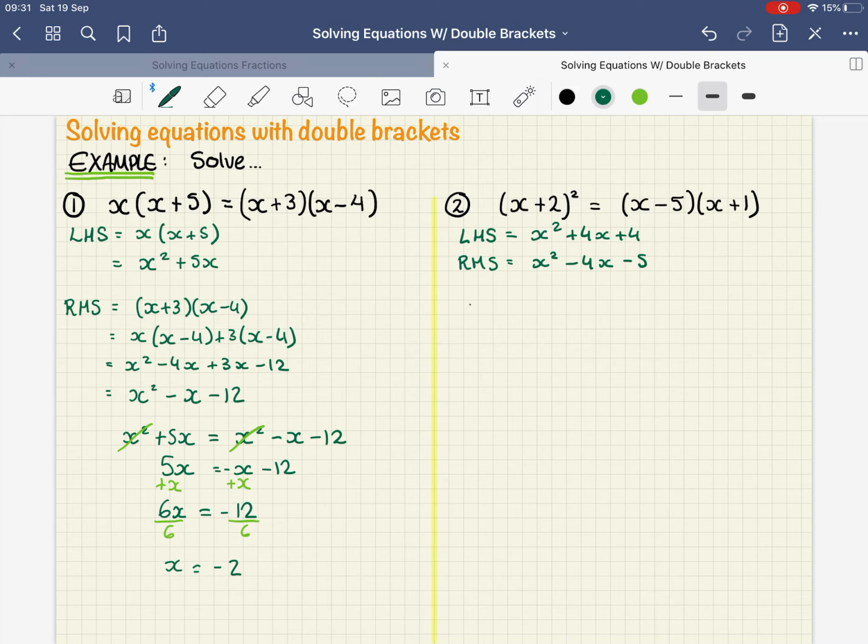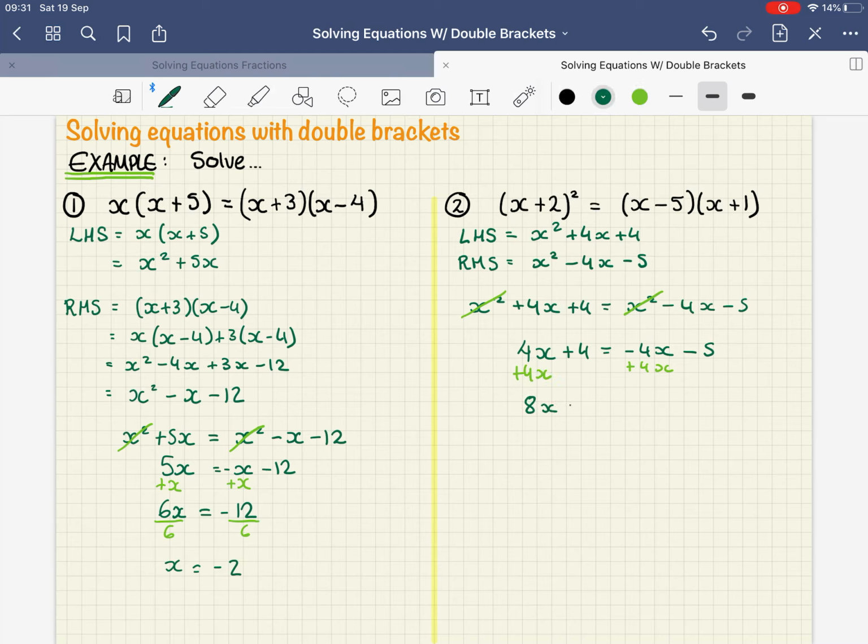So then setting them equal to each other, firstly, these x squareds just cancel out. So now I've got 4x plus 4 equals negative 4x, negative 5. My smaller one is this negative one, so I'm going to add it on.